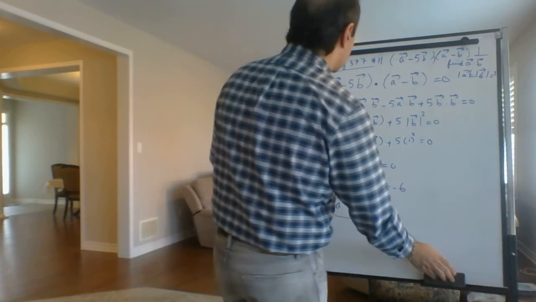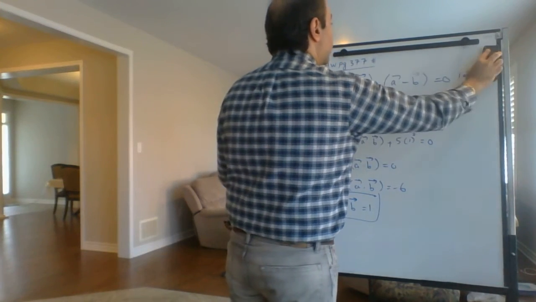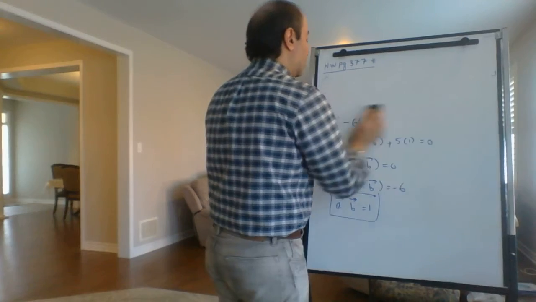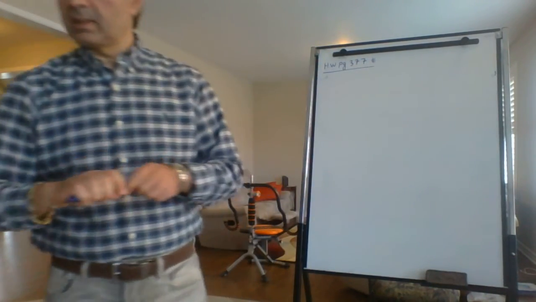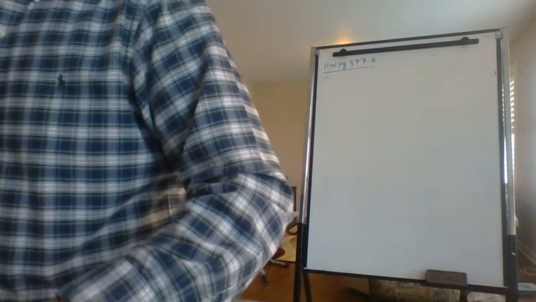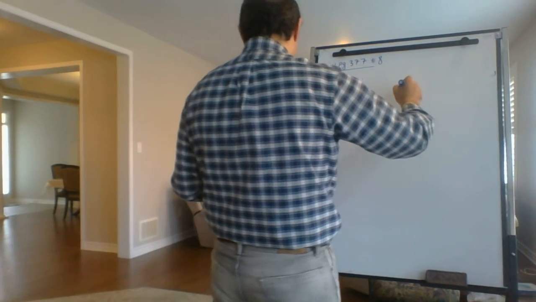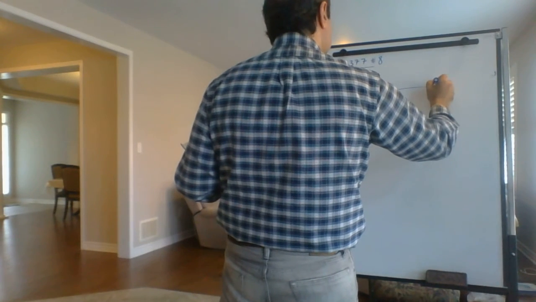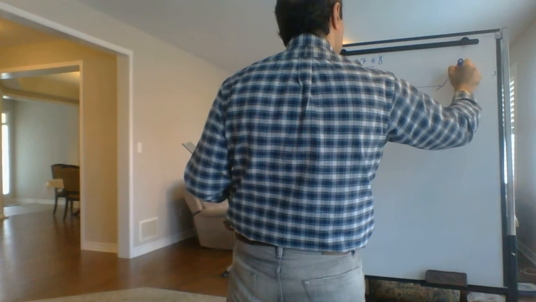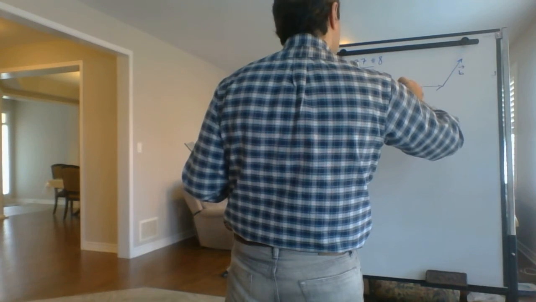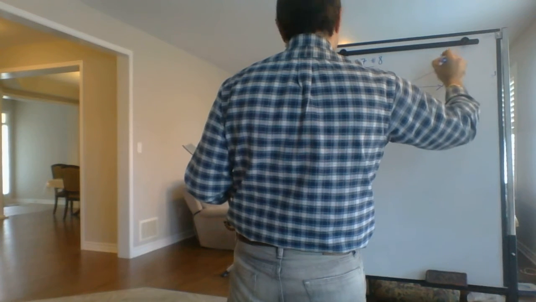Now, the last question is Maya's question, number 8. Maya told me that she got the right answer, but with the opposite sign, and I will explain why. It's number 8. It says that we have vector A, vector B, and this is the resultant.